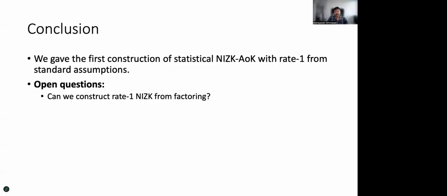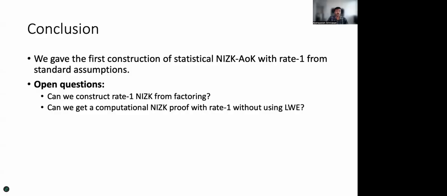This is not known, even if the system just achieves computational zero knowledge. And another interesting question is to get a computational NIZK proof with rate 1 without using heavy hammers such as fully homomorphic encryption, which was needed in Gentry et al.'s work. And that's it. Thank you for your attention.